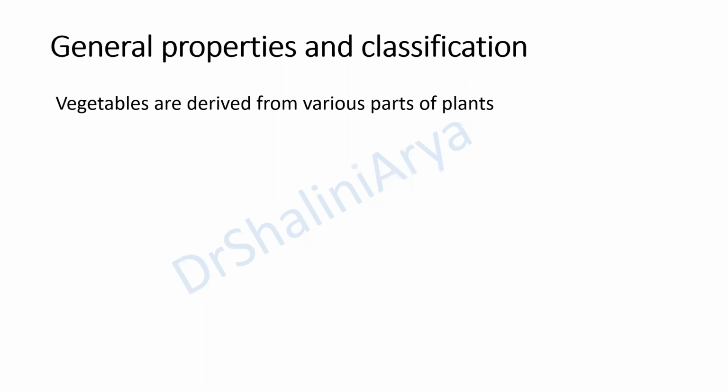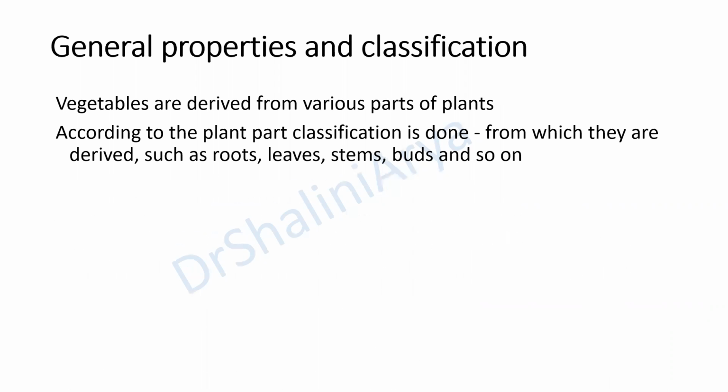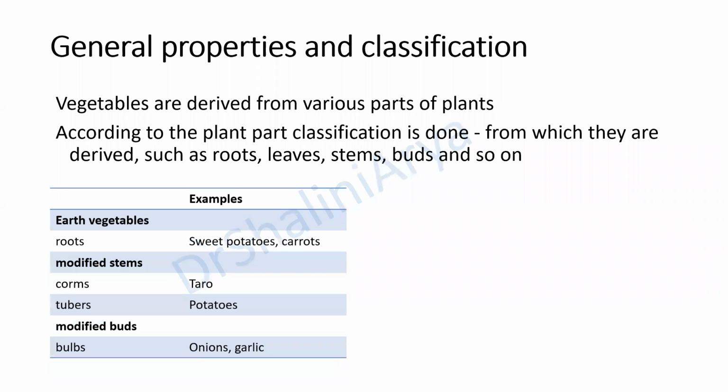It is sometimes helpful to classify those vegetables according to the plant part from which they are derived, such as roots, leaves, stems, buds, and so on. So look at this table in which examples of specific vegetables have been given.